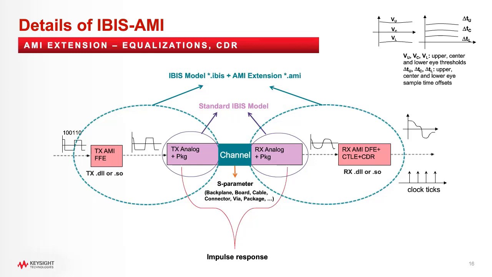The SerDes system can be broken into two parts, analog and algorithmic, for both ends. The IBIS-AMI flow always calculates the impulse response of the channel combined with TX and RX's analog portions. This is done through a process called AMI init.